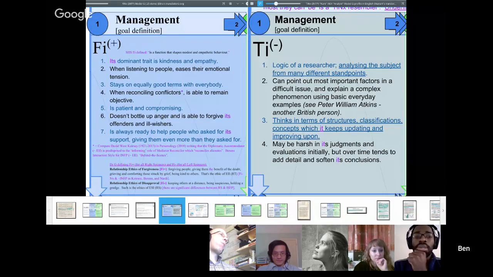That in itself can cause a lot of incompatibility when people identify as different types in each system. And the same with Fi being harmony seeking in Socionics and Fe being harmony seeking in MBTI.